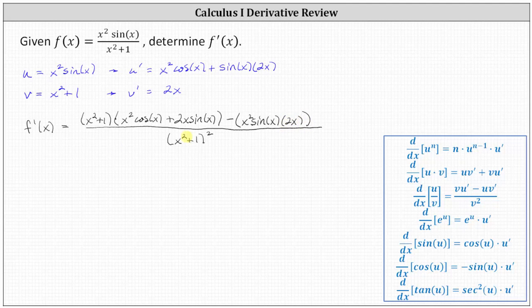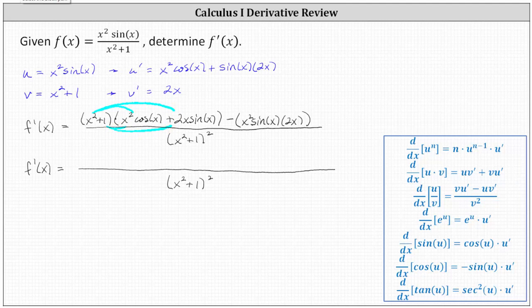And now we need to work on simplifying the numerator. When simplifying in the numerator, we have four products here: 1, 2, 3, and 4. X squared times x squared cosine x gives us x to the fourth cosine x. And then plus x squared times 2x sine x, which gives us plus 2x cubed sine x.